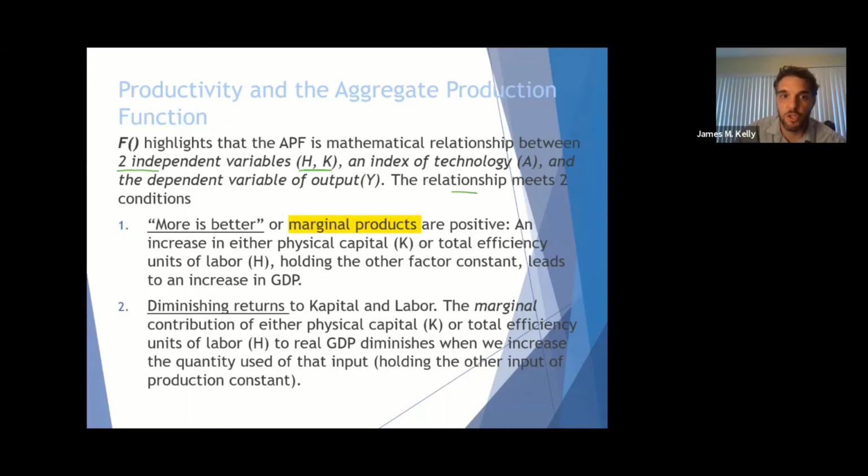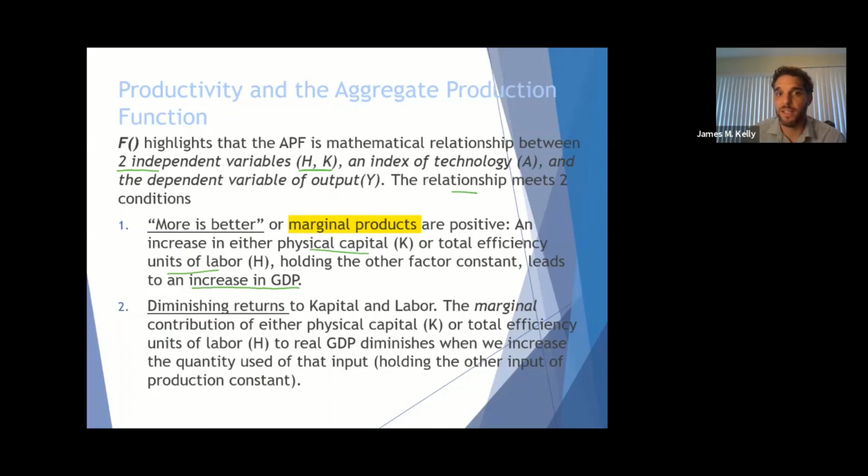Okay, so what that means is that there's going to be an increase in GDP for a 1 unit increase in physical capital or labor. Right. So if there's a marginal increase in one of the inputs, it will lead to at least some positive increase in output, in real GDP.